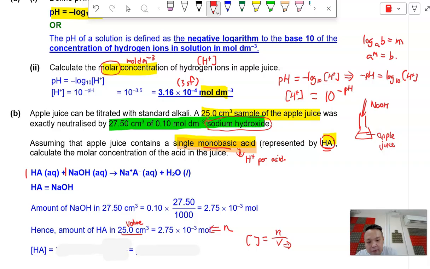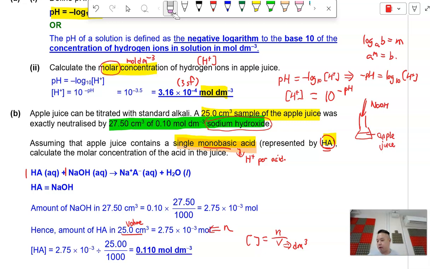Of course, your volume needs to be converted to dm cube. So HA equals 2.75 times 10 to the power minus 3 moles divided by 25 cm cube, converted to dm cube. You get 0.110 mole per dm cube. So that's part B.